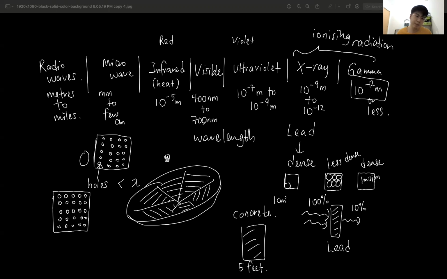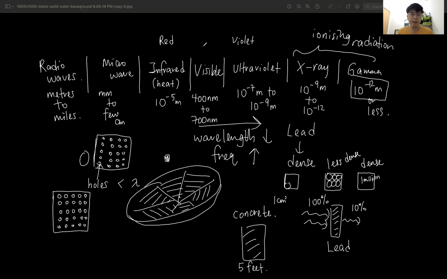Across the spectrum, the wavelength decreases and the frequency increases, and the speed is the same. That's why we say that the spectrum is continuous. It's all connected. The only difference is the different frequency that they are vibrating.